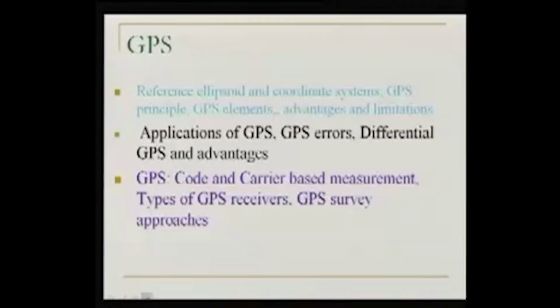And what we have seen so far in our last lecture, we talked about the reference system, because when we are talking about the GPS, it gives the coordinates on a certain system, the coordinate system.